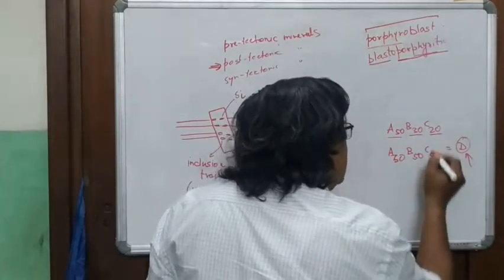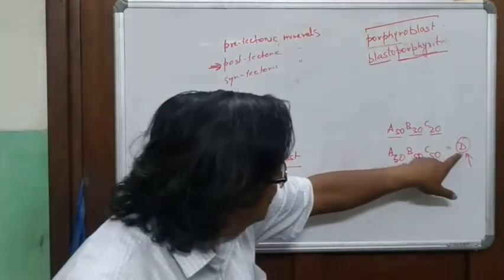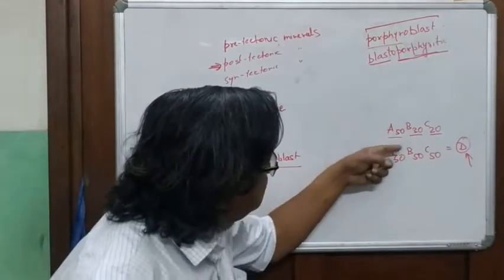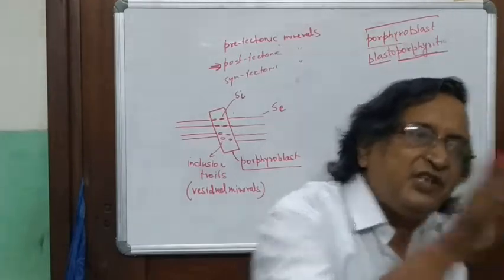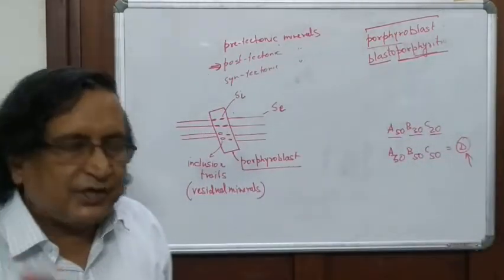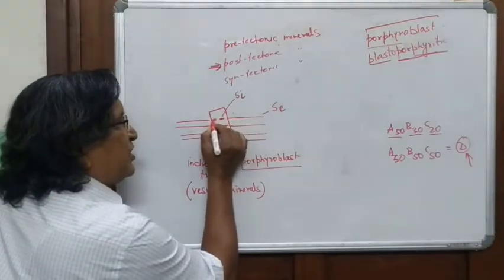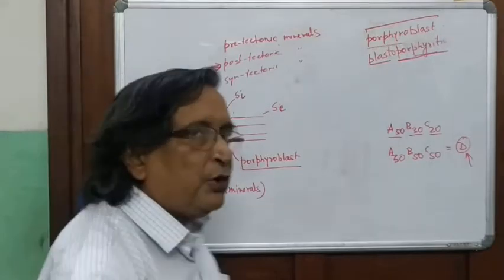So obviously C will react out first because its proportion is more and it produces D, but then A and B will remain. They will be the residues left from the reaction. But since they already had a preferred orientation, these mineral trails also show a preferred orientation.